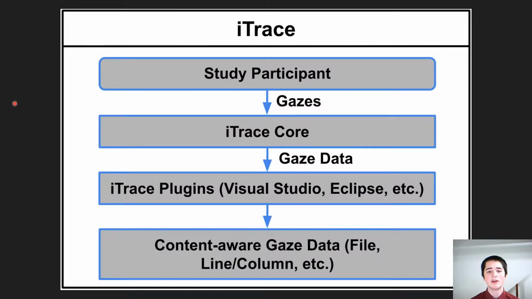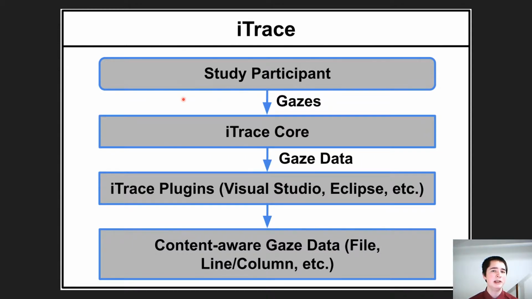The high-level architecture behind that was that in a lab you might have a computer set up with an eye tracker. A study participant would be invited to do a software engineering task on that computer. As we're doing the study, the eye tracker would collect their gazes and where they're looking on screen.